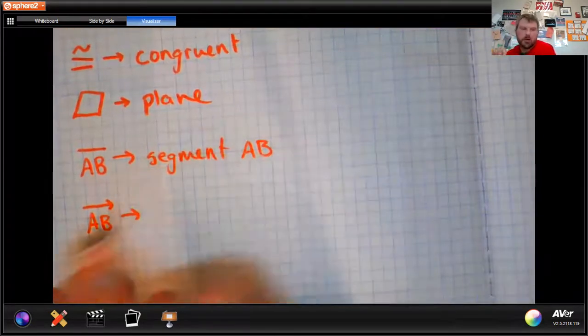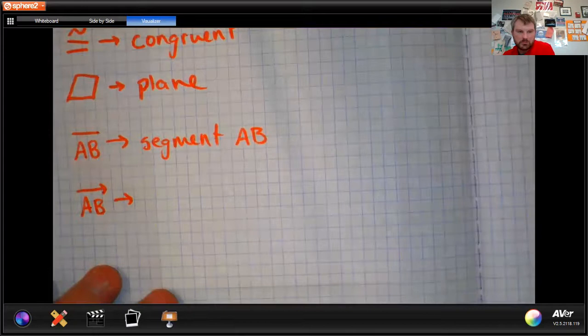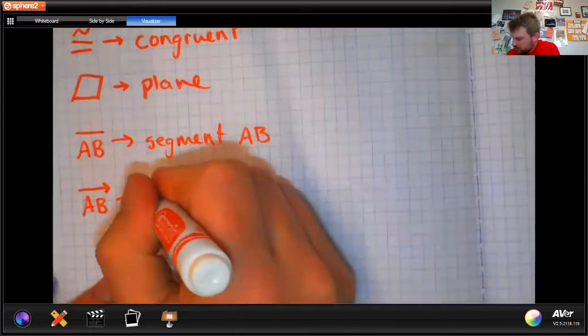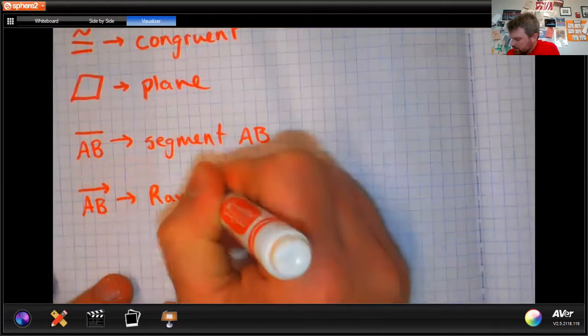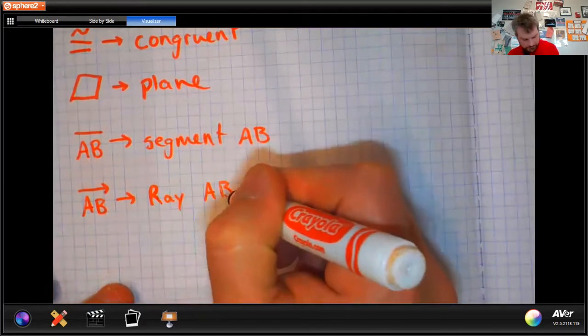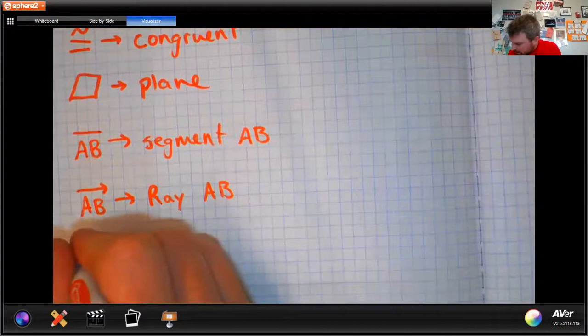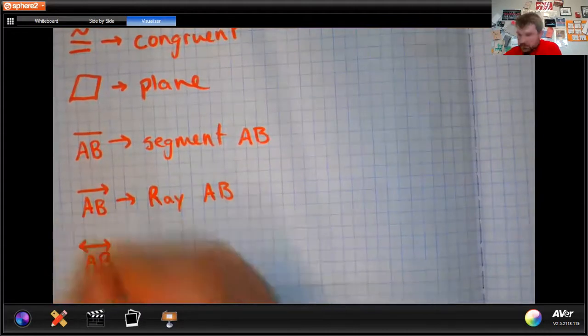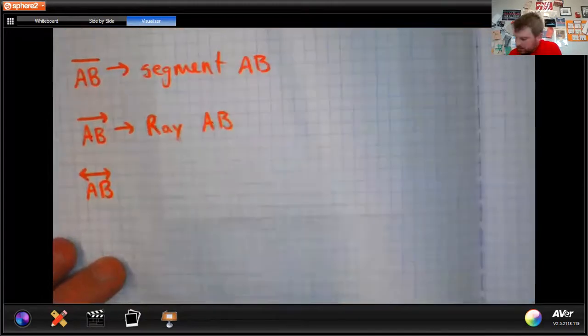And remember, with a ray, the direction matters. A is the starting point and it goes through B. So this is ray AB. Then we can have a line, so line AB.